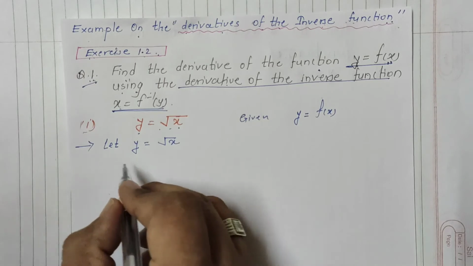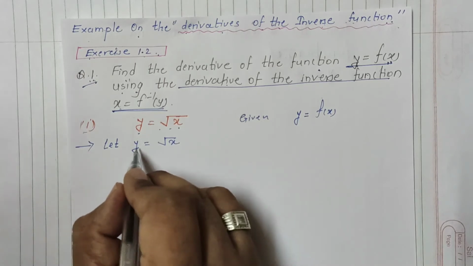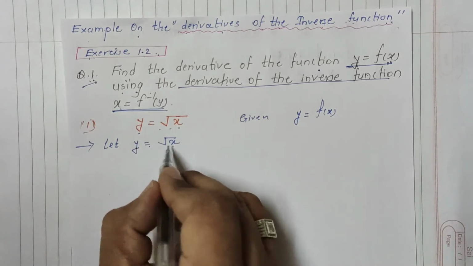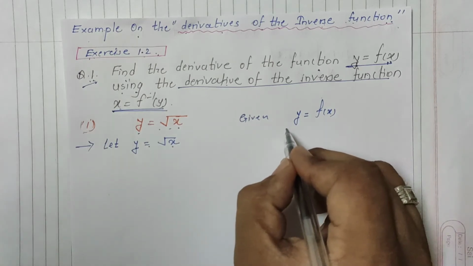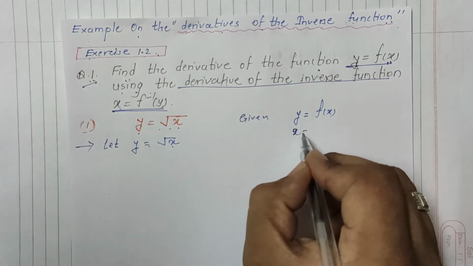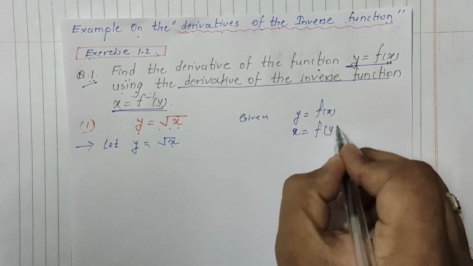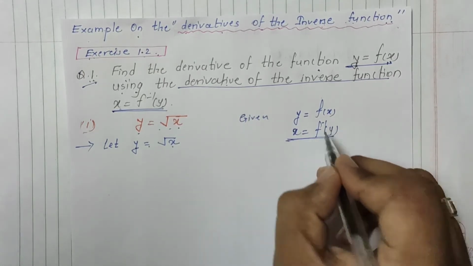Therefore, inverse function means, given the example y is equal to root x, that is y in terms of f of x, first you have to convert x in terms of f of y, that is the inverse function form.